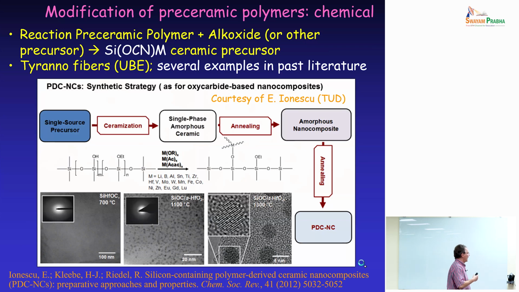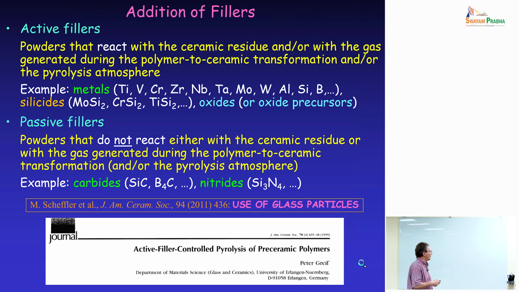If you have, for instance, a polymer like this, you can add atoms that are not there by chemically reacting with other materials, for instance alkoxides, and you can make single-source precursors that you can still process using the technologies that I mentioned briefly before, and obtain, in the end, nanocomposites that have interesting properties.